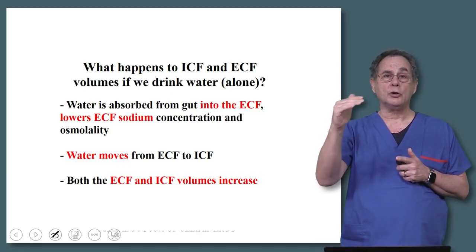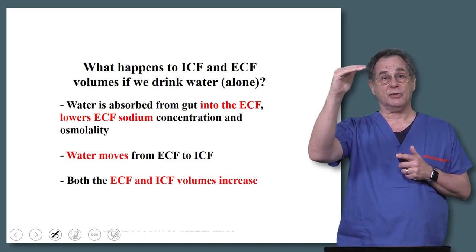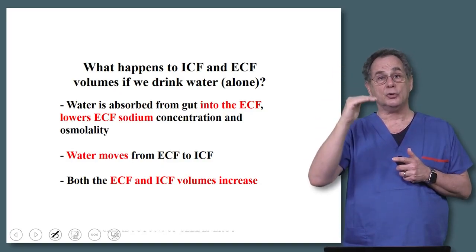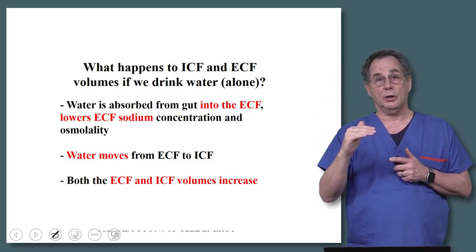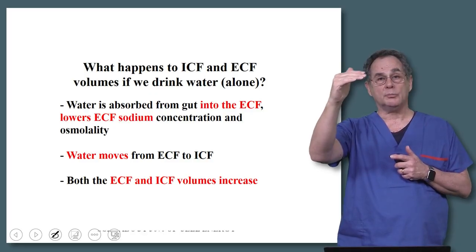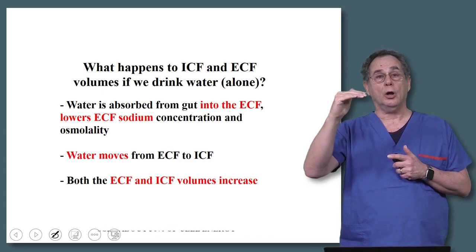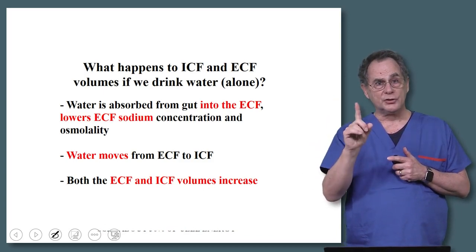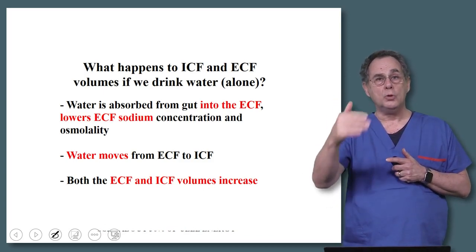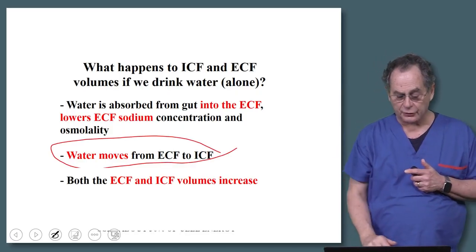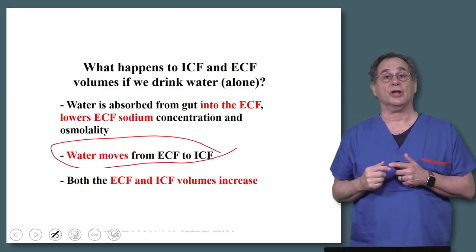Now remember, water moves from a space of low osmolality to a space of high osmolality. So if we drink water, absorb it, lower the extracellular fluid sodium concentration, lower the osmolality, the consequence will be that water will move from the extracellular space into the intracellular space.